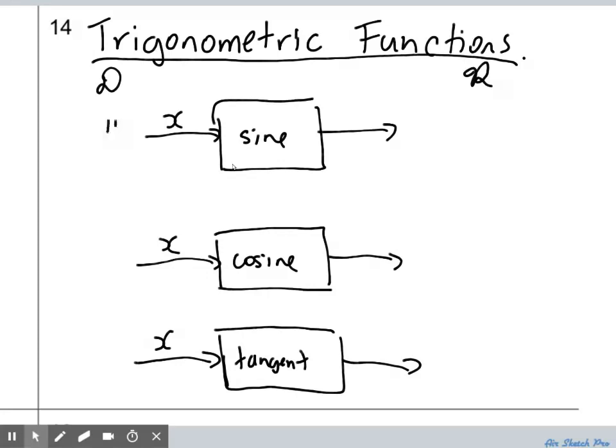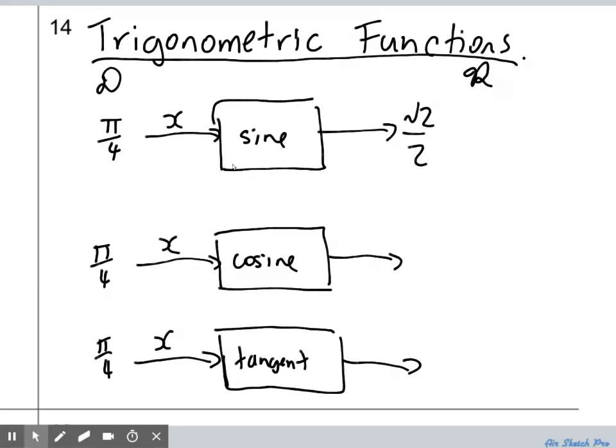So for example, if I put pi on 4 as the input, then the output for sine is, it's got to be tripping off your tongue, root 2 on 2, not 45 degrees. 45 degrees is just the degree equivalent of pi on 4. The output is the result when I look at the angle pi on 4.